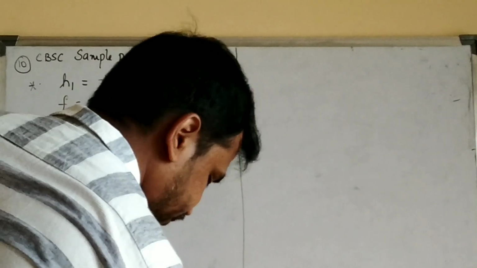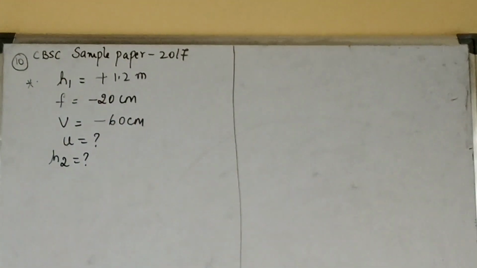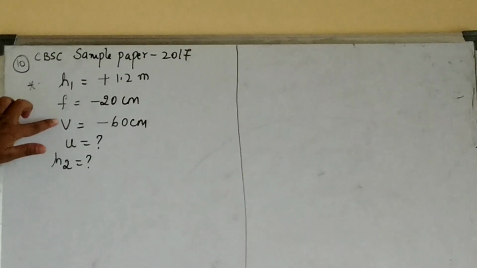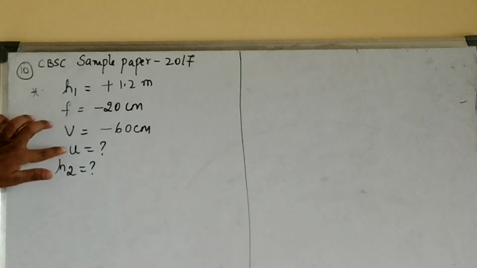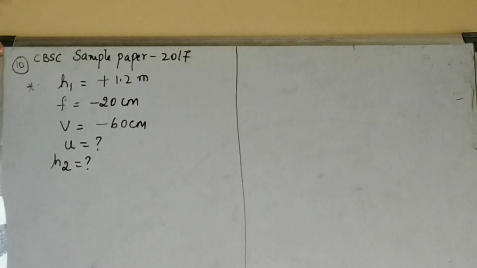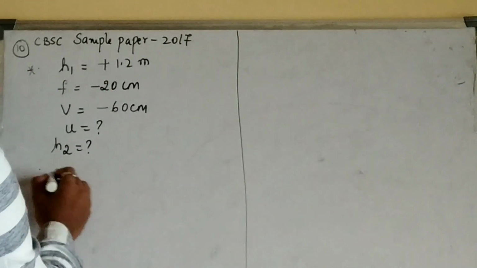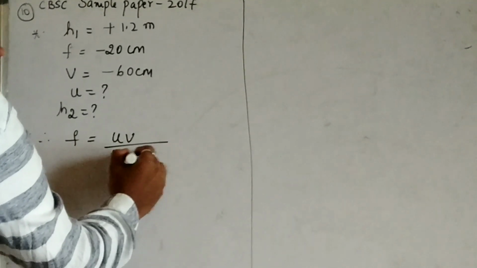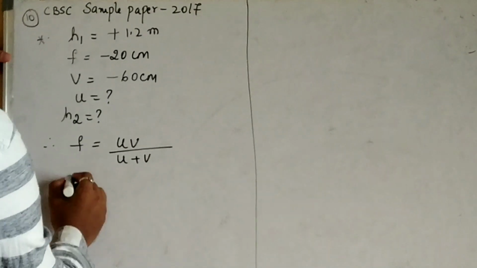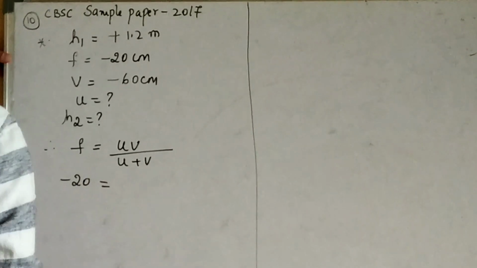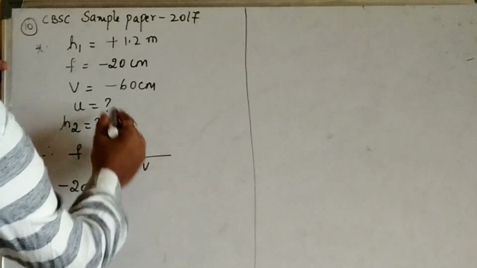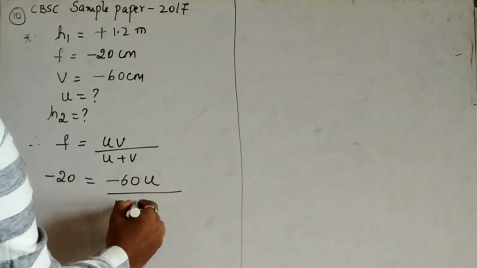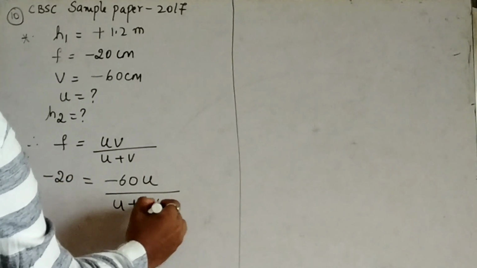Now see here, given data, you have v, you have focal length f, and you can find u. Use the modified mirror formula. Therefore, we have f is equal to uv divided by u plus v. Focal length is given, minus 20 is equal to, you don't know u, then v you know, that is minus 60 u divided by u plus of minus 60.